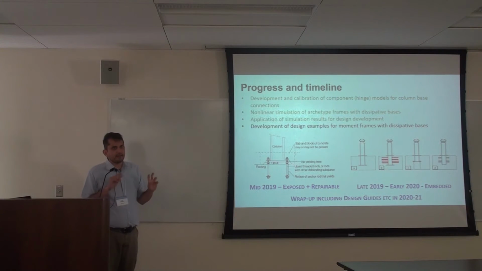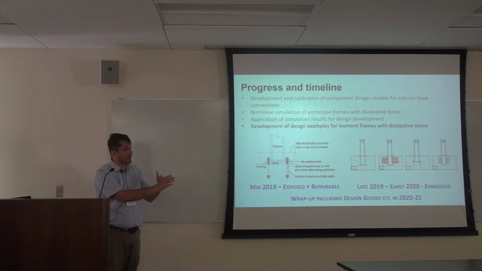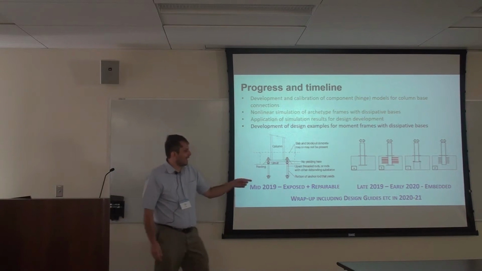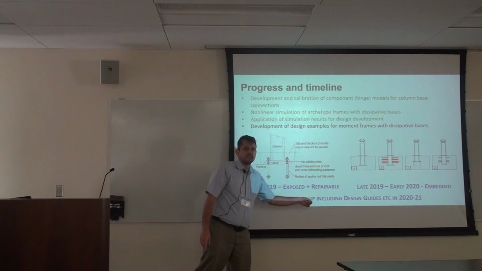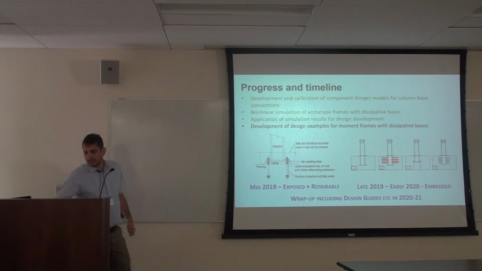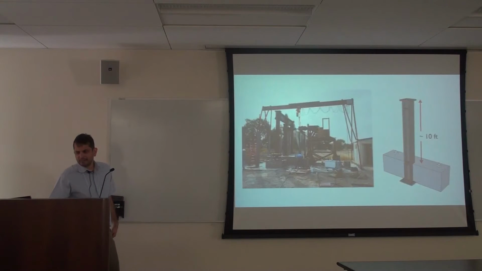And then finally, I think I'm done with my tenure as chair in 2020, and I'm hoping to go on sabbatical in 2020, 2021, which is when I'm hoping that I will be able to spend some time rewriting Design Guide 1 or working on some design provisions. So that's where we're at.